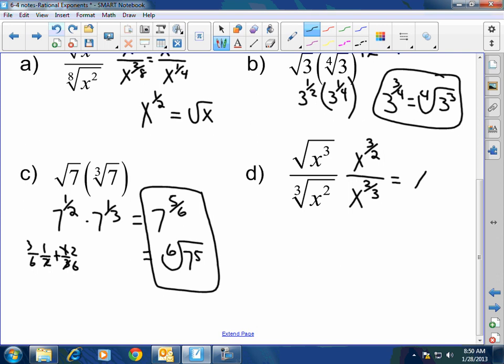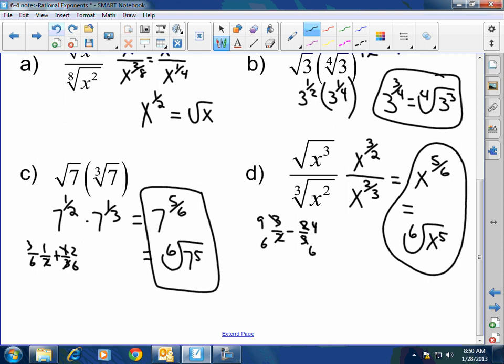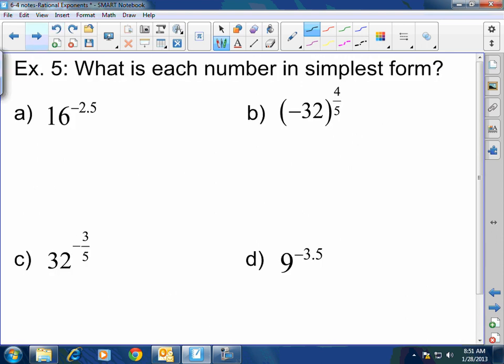So it's going to be x to the 3/2 minus 2/3. 6, 9, 6, 4. So that's going to be x to the 5/6, which would equal the 6th root of x to the 5th power. Either or, an exponential or radical form, depending on what they ask you. Let's go ahead and continue some more practice.